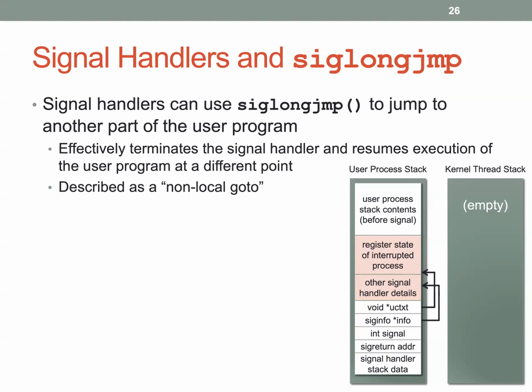Now, imagine goto, but instead of just going to another part of the same function, you can go to a completely different function. That's freaky. That's what longjmp and siglongjmp do. Now, the other function has to already be running. And so if you have function A calls function B, calls function C, calls function D, and D wants to go back to function A, that's okay.